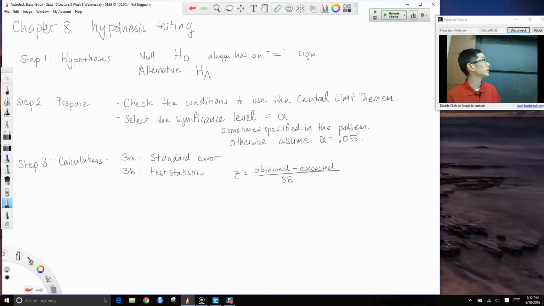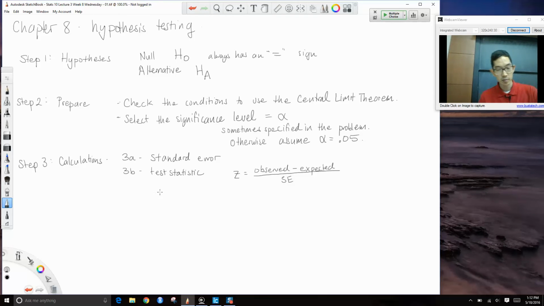So under hypothesis testing, we're comparing the reality versus the expectation. If reality and expectation match up quite closely, then we have no reason to doubt our initial claims. On the other hand, if the reality and the expectation are quite different, then that indicates that our initial claim is a mistake.